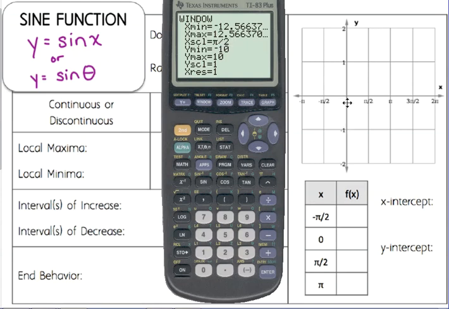I'm just looking at this graph that I'm getting ready to put this on, and it's got it marked at increments of pi over 2. For the y minimum and maximum, I'm going to do the same thing that I've got here on my paper, so -2 to +2.